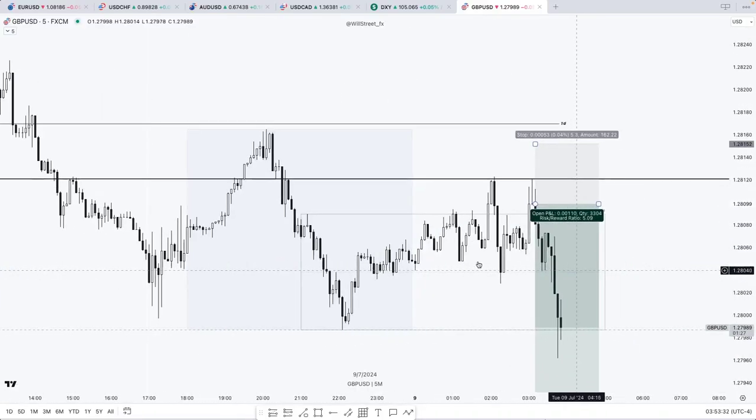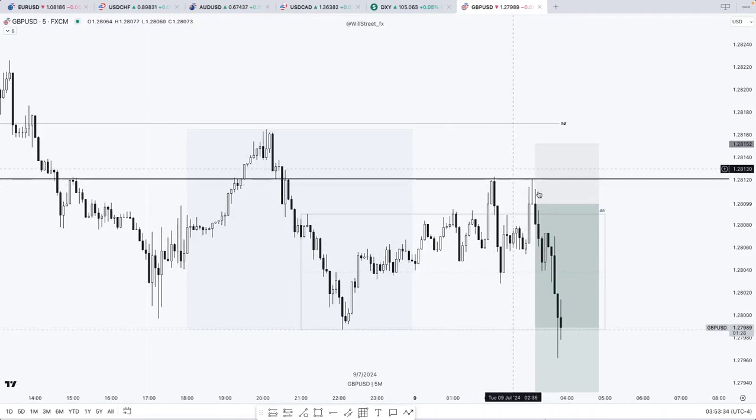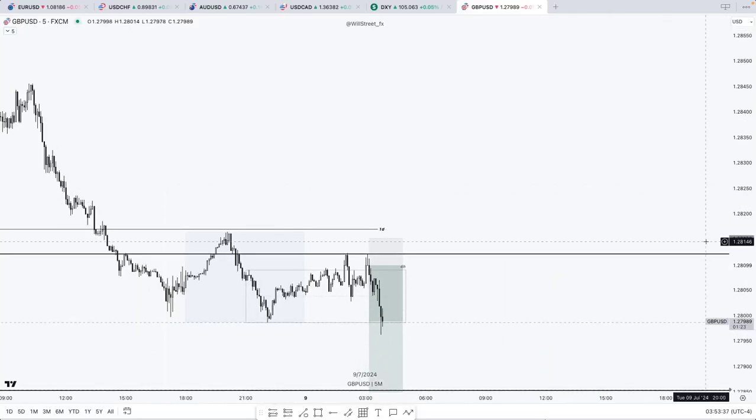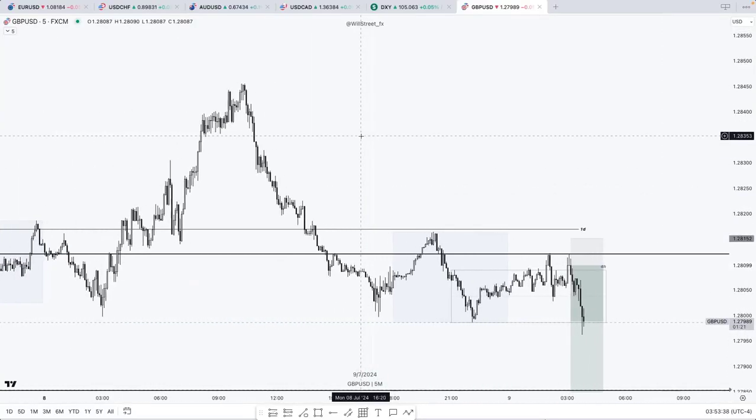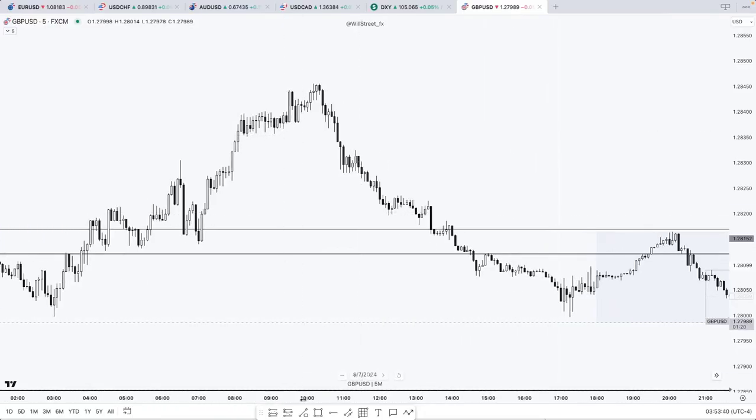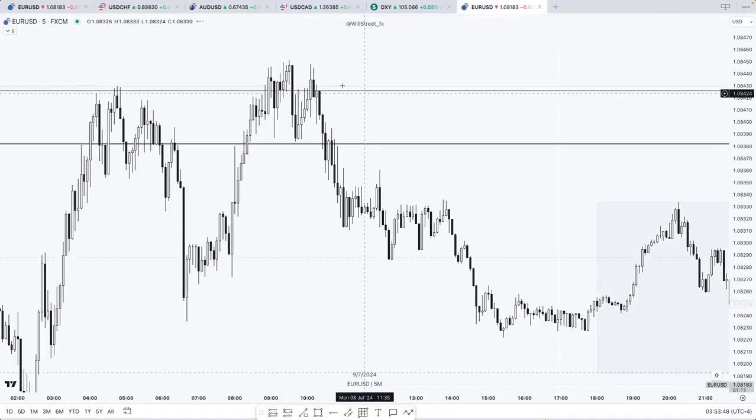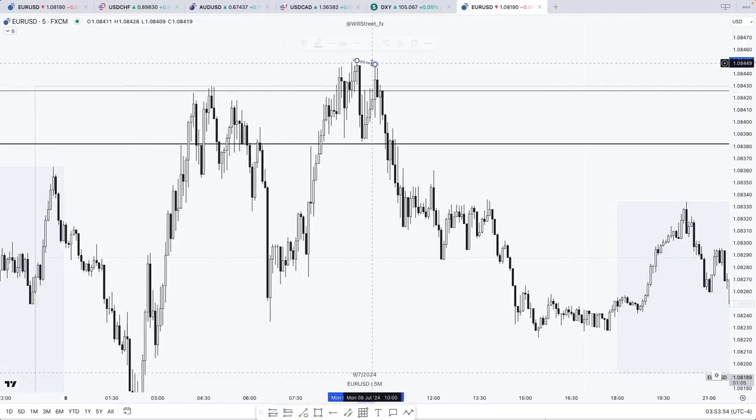This is a continuation because we are inside the range, and that was a reversal. Understood? It's easy.